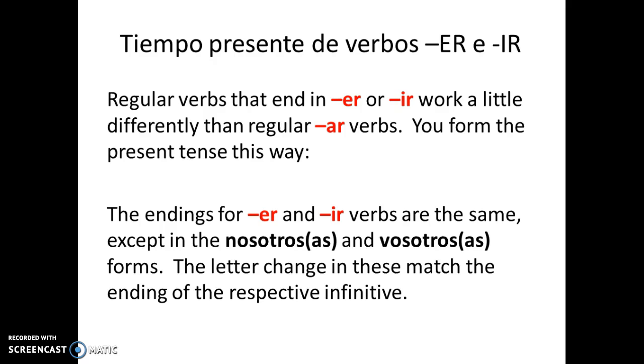The letter change in these will match the ending of the respective infinitive. So in the nosotros and the vosotros forms, in the ER conjugation, you're going to be looking for E's in the ending. They match with the ER ending. And in the nosotros and vosotros forms for IR verbs, you're going to look for I's in the endings, because it will match the infinitive.